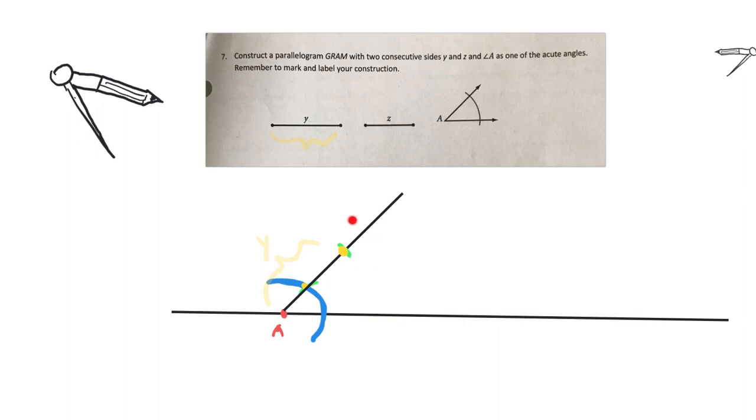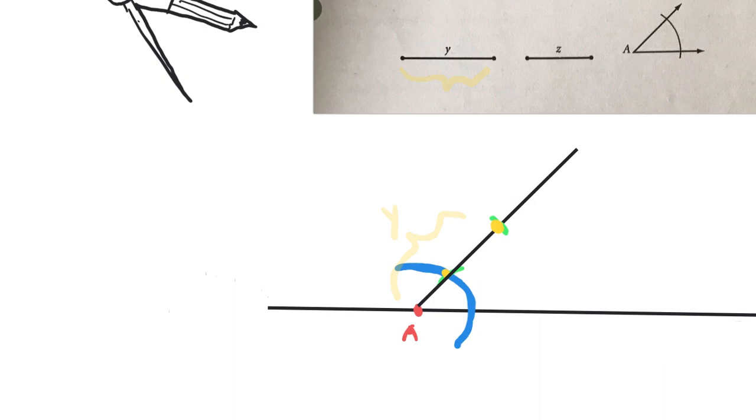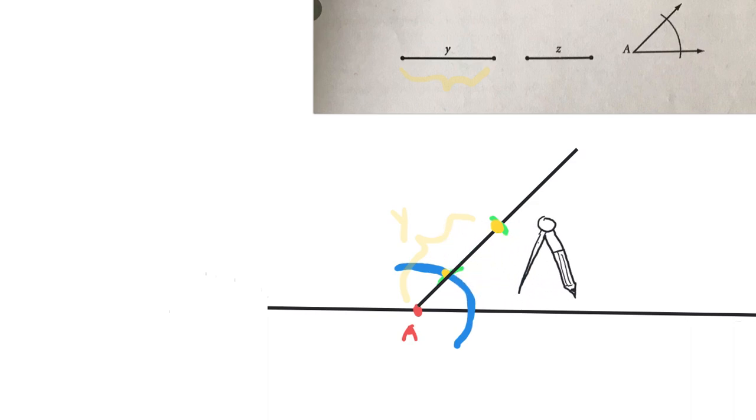The way you could do that is to measure this distance here, between here and there, and then take your compass, put it there, and draw an arc that cuts through this line up top here.